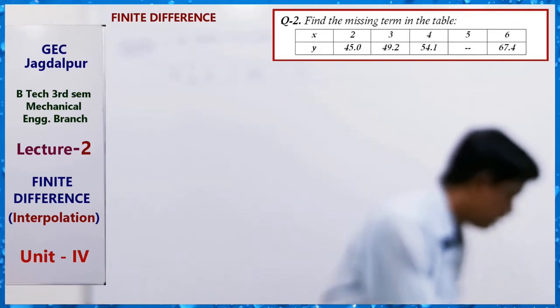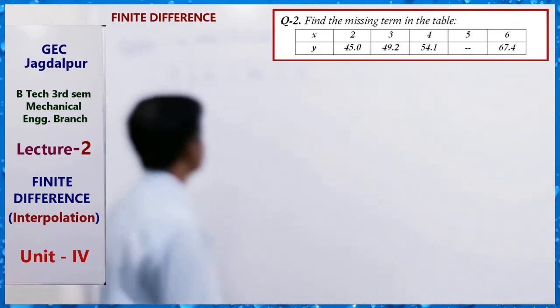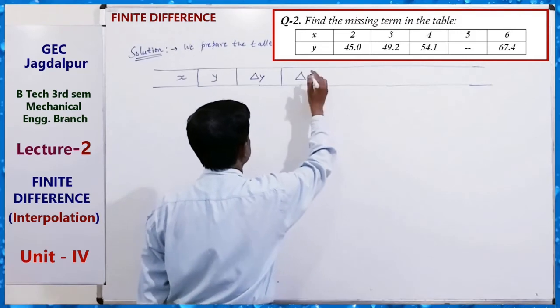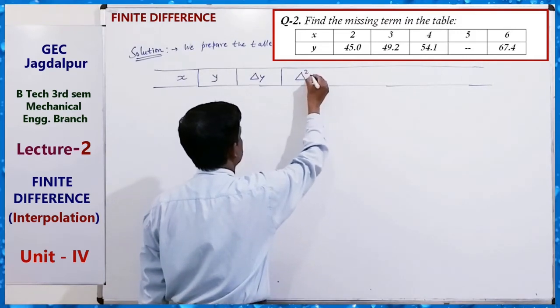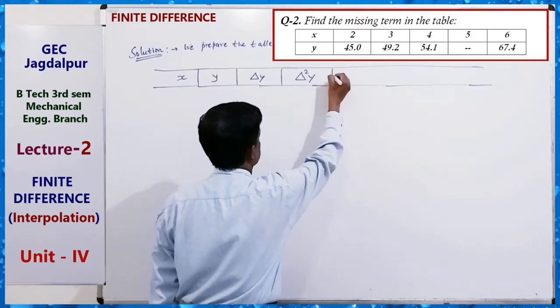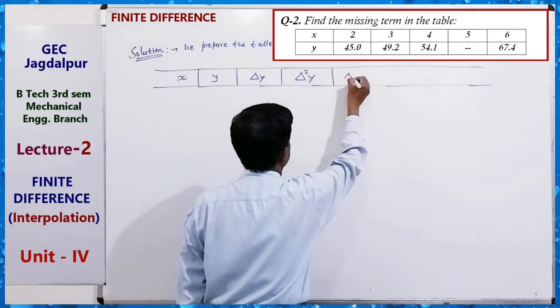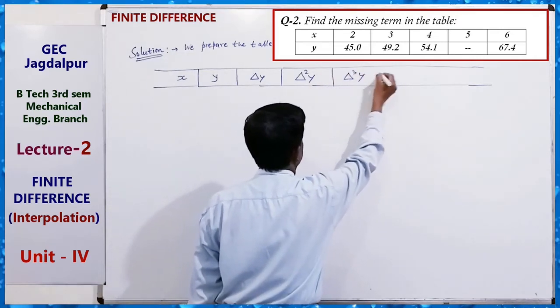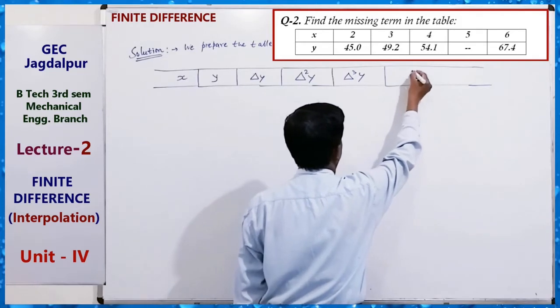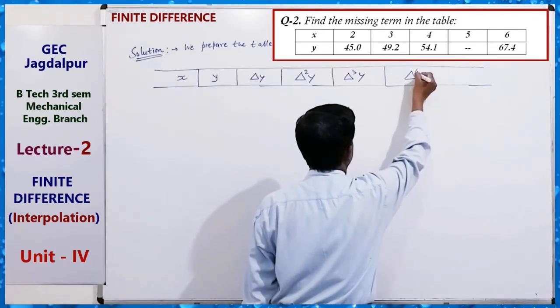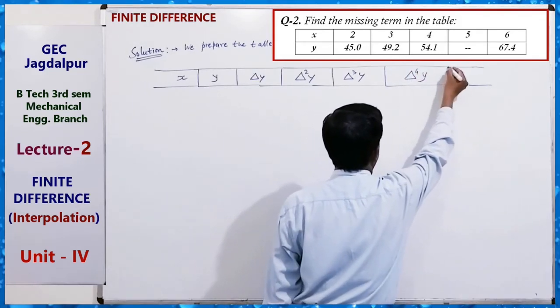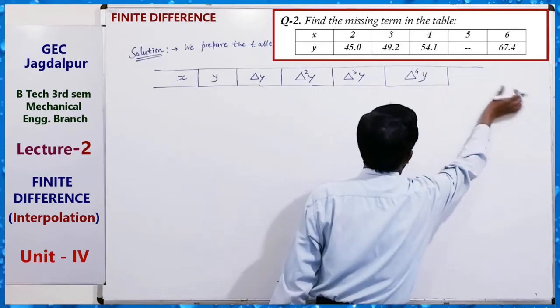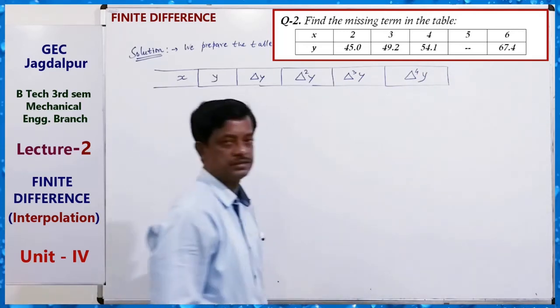Four entries are given. So the second difference and third difference are also of y, and the fourth difference also, like this. Clear?